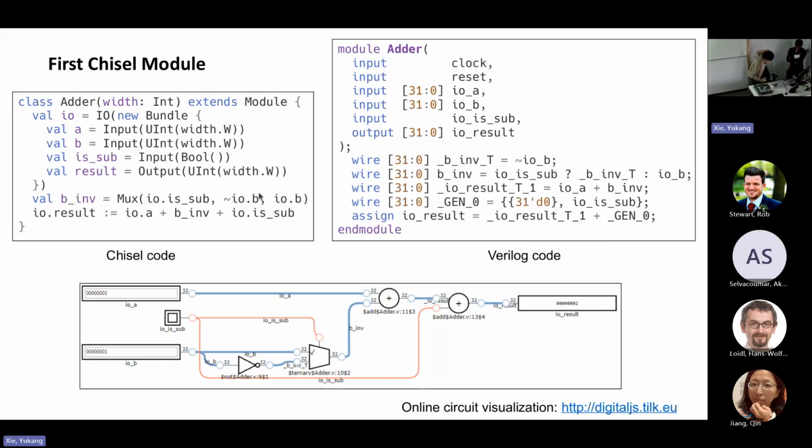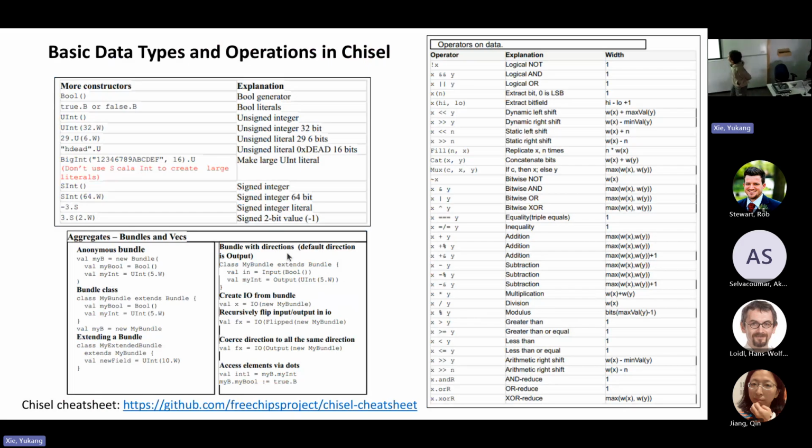And here is a cheat sheet of Chisel. You don't need to be scared by it. It basically tells you what primitives you can use in Chisel. For data types, there are Booleans, which is basically a 1-bit signal, 0 or 1. And you have unsigned integers, which are several bits. And you have signed integers. These are basic data types. And based on them, you can construct compound data types, which are called bundles.